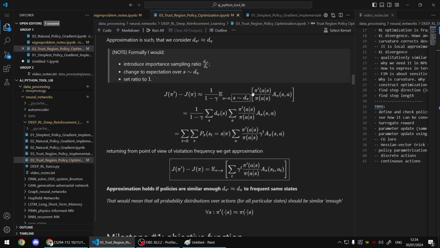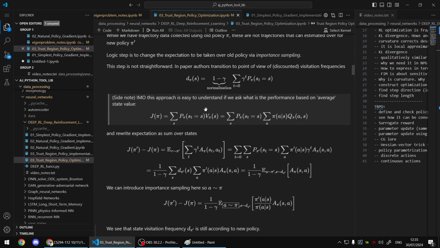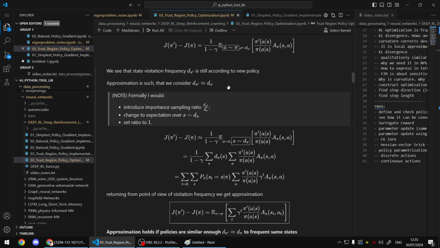And this is exactly this inflection point, I don't know how to call it, where we make some kind of approximation. We are assuming that this particular value, the discounted frequency of state visitations, whatever, you get it.